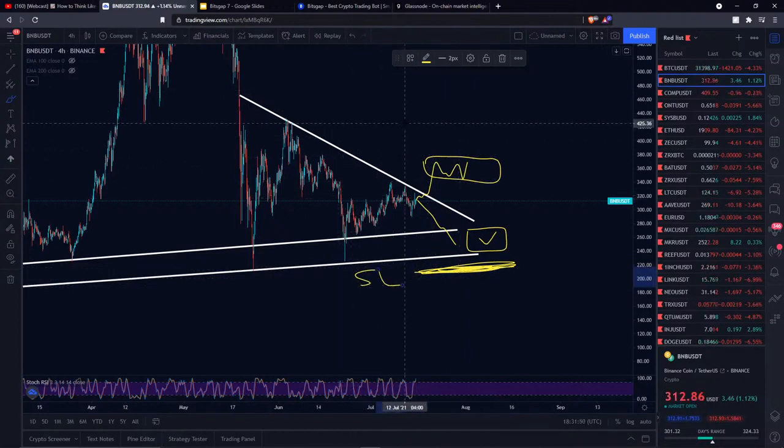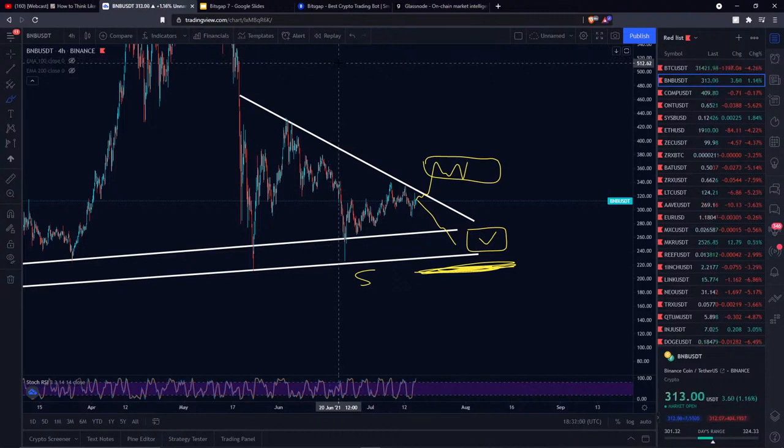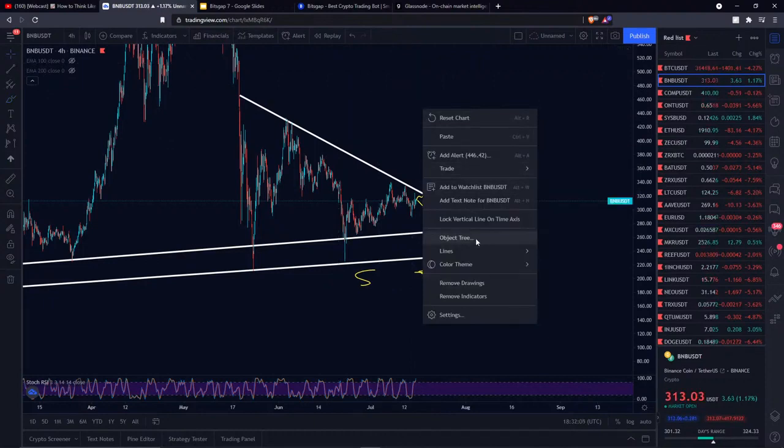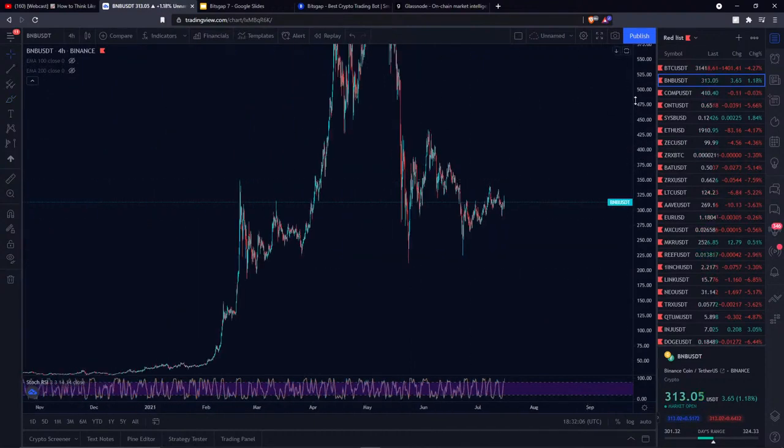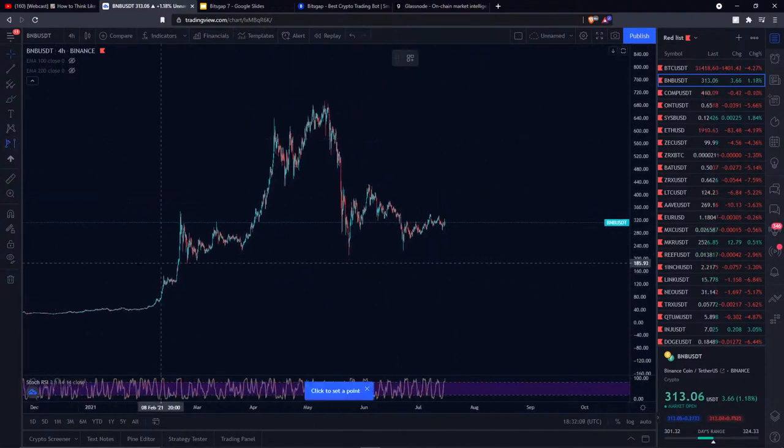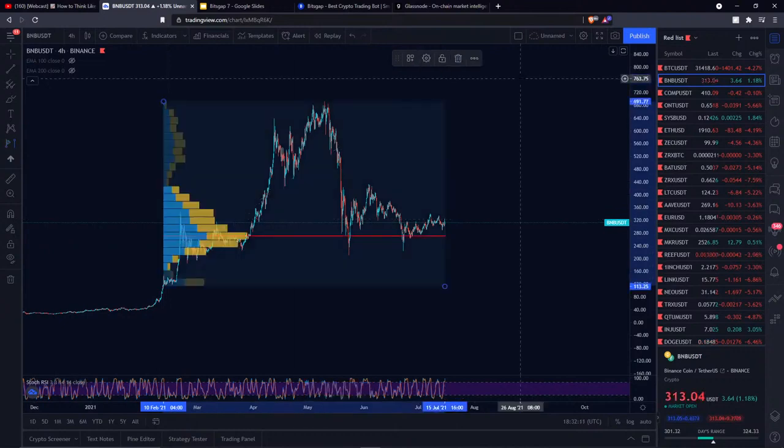You always need to monitor the price activity, because it always changes, and that means that some patterns are no longer valid and you need to look for new ones. You need to consider other things as well. For this one I would also look at the volume profile.